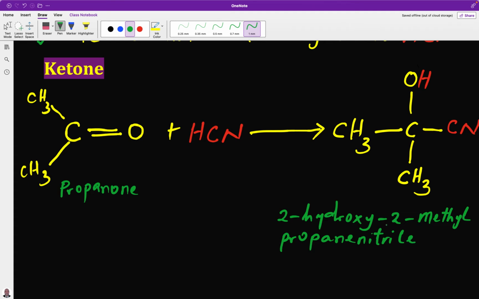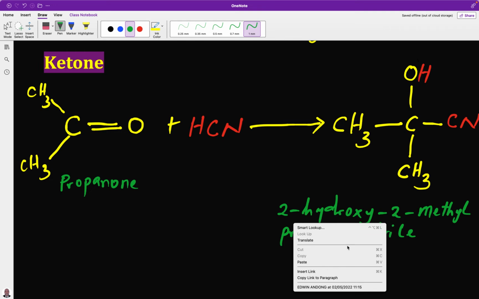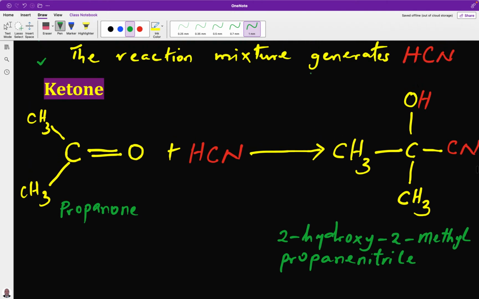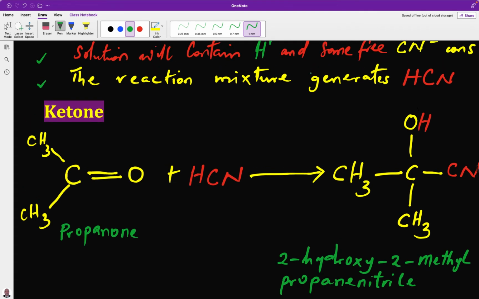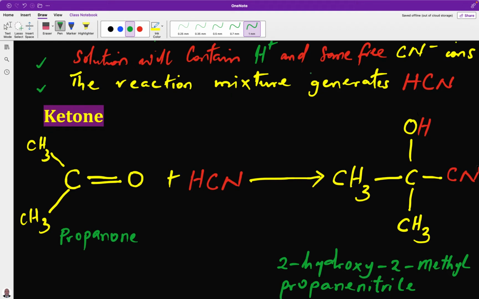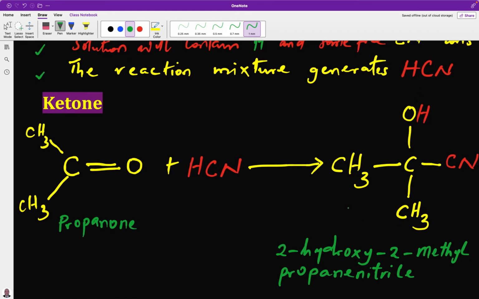as we initially said, this reaction will always result in hydroxynitrile. So when ketone reacts with hydrogen cyanide, the hydrogen cyanide that has been generated from the reaction of sodium cyanide or potassium cyanide and dilute sulfuric acid, the result will be a hydroxynitrile.